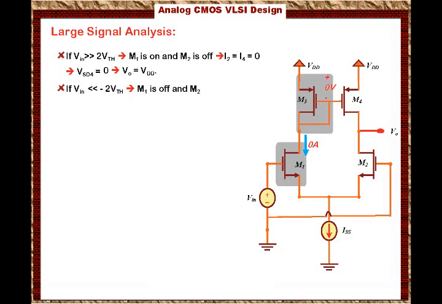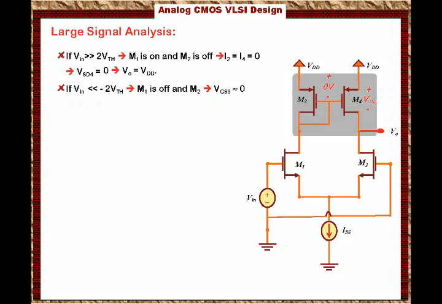That means VGS is very small. If VGS3 is very small, which is the same as VGS4, then VDS4 has to be large. And that means Vout has to be roughly 0 because the voltage across M4 is very large. That means you're pushing it away from VDD towards 0. So Vout will be close to 0.